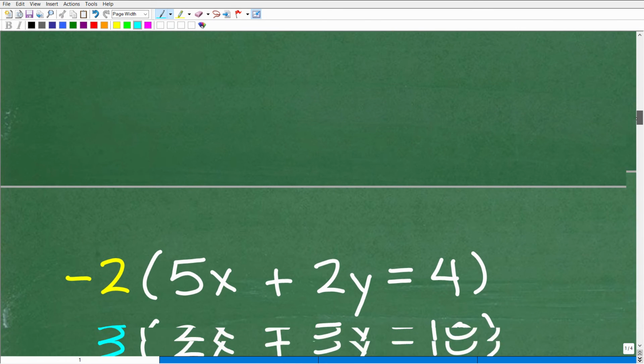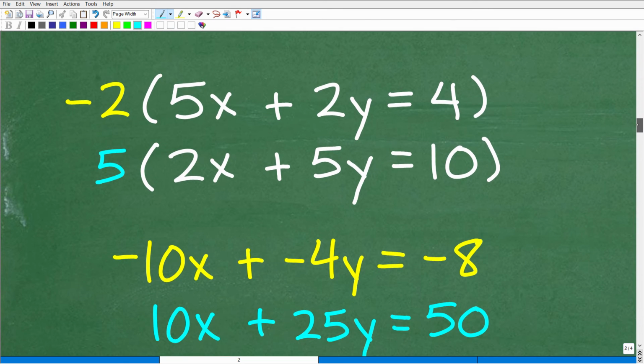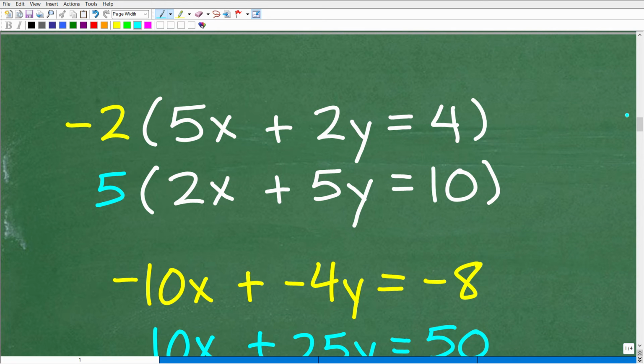Okay, so let's go ahead and see how I'm going to do this. So I'm like, okay, I'm going to work on creating two opposites here for the x's. Okay, now I just can't have 5x and negative 5x. So what do I need to do? Well, I'm going to come up with the same number, but just the opposite signs.